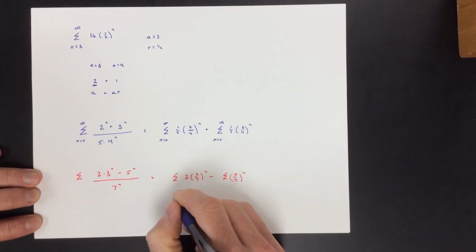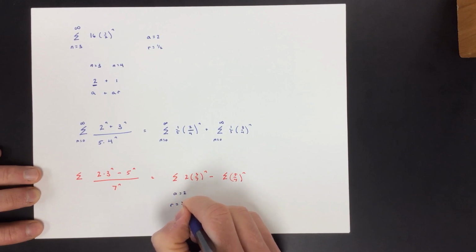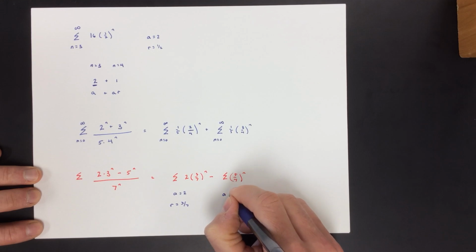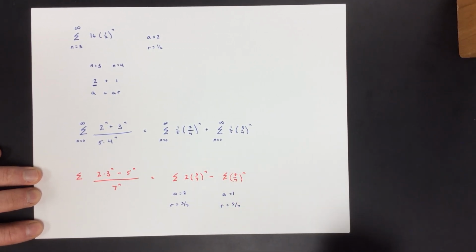Okay, this would have an a value of 2 and an r value of 3/7, and then you'd subtract whatever this is, but this over here has an a value of 1 and an r value of 5/7, right? No big deal at all.